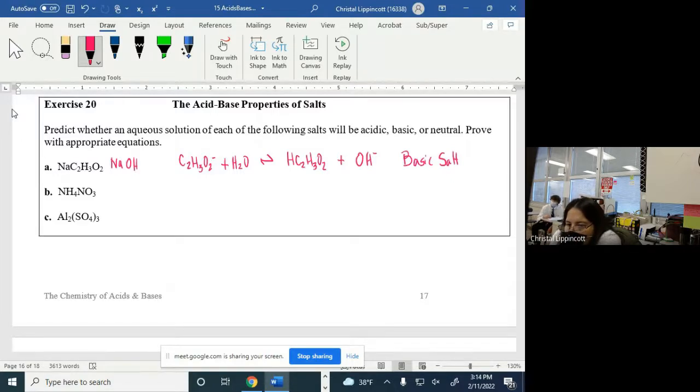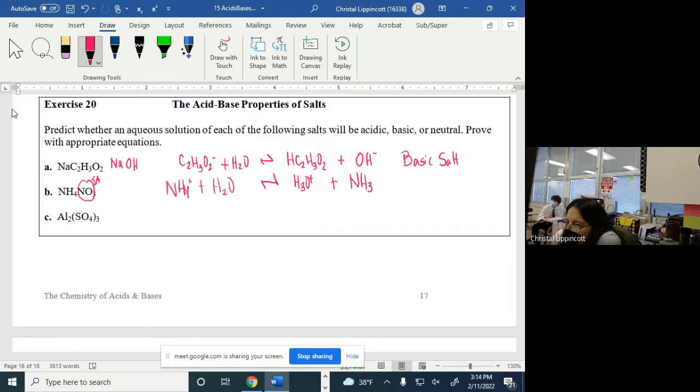Here, this guy right here, HNO3, is a strong acid. So you're going to have your NH4 plus H2O. He is going to donate a hydrogen over to the water and have NH3 left over.